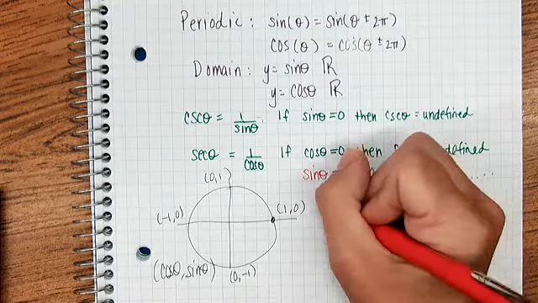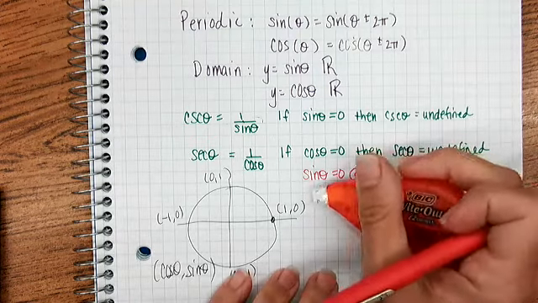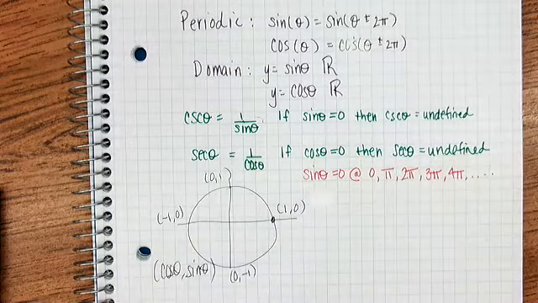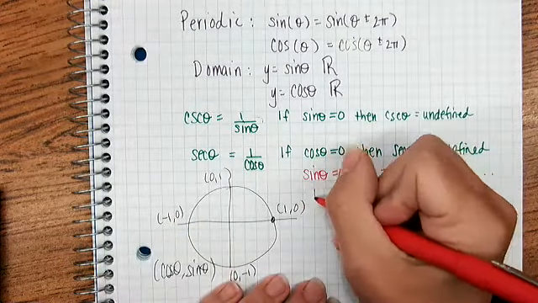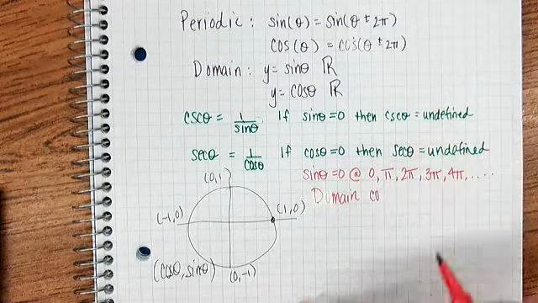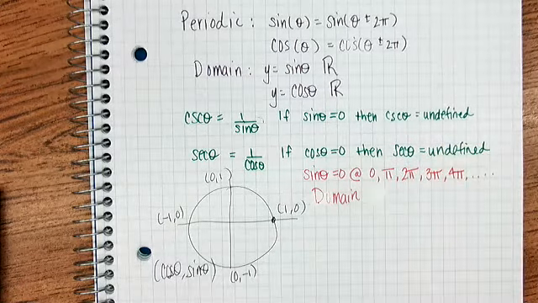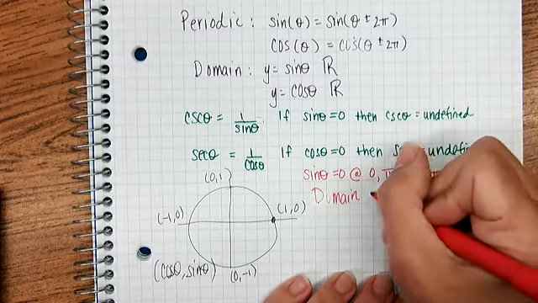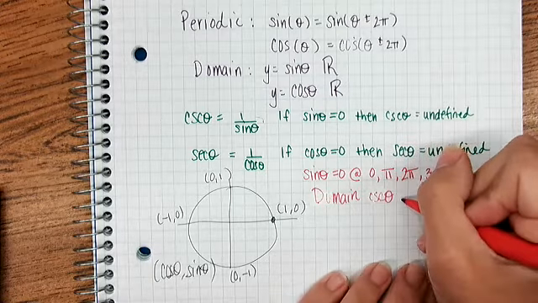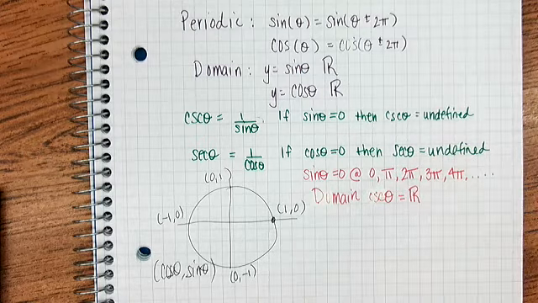Let's write the domain first. The domain of the cosecant function is all real numbers. What? No. It can't be all real numbers. Of course it's not all real numbers. We're going to put a restriction on it.